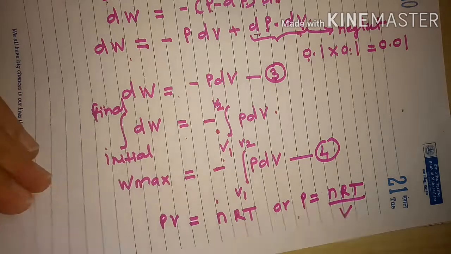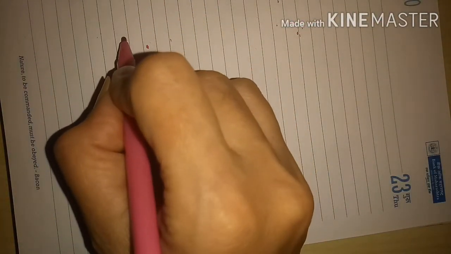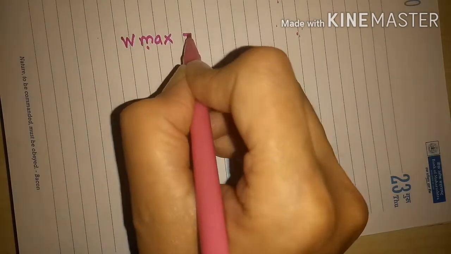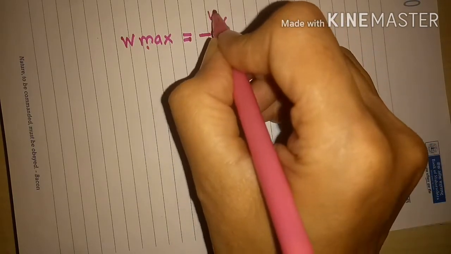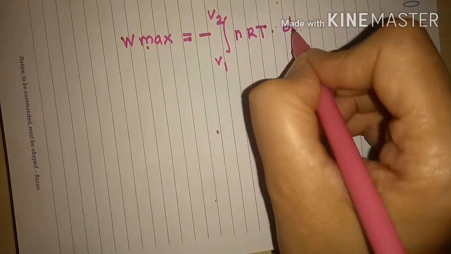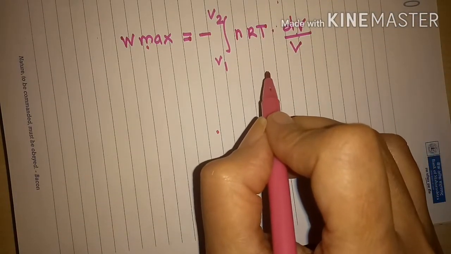So you will get w max equal to minus the integral between the limits of nRT dV upon V. We are just substituting the values here.